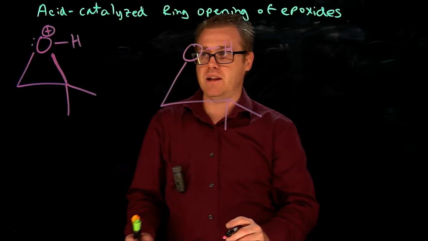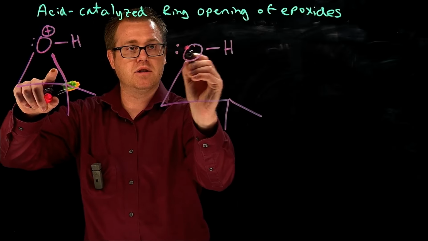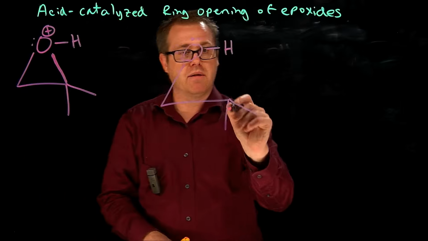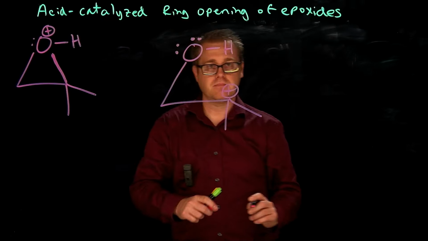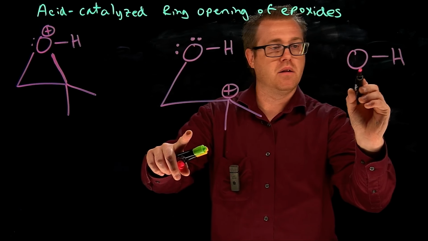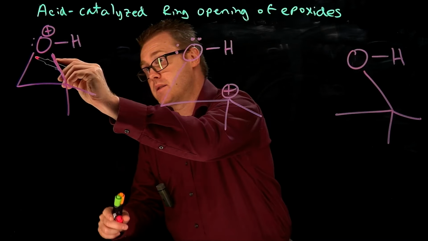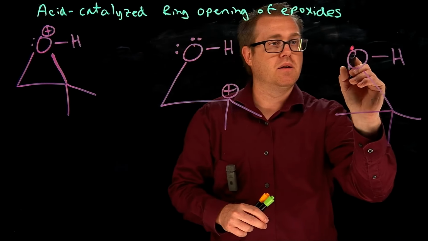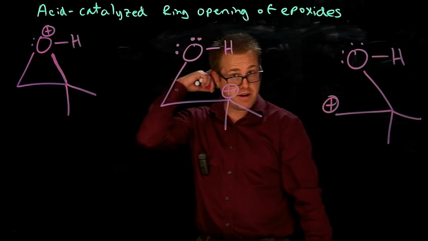If I completely broke it and put the electrons on the oxygen, I would get a carbocation. But what if I broke the other one? What if I broke this carbon-oxygen bond? We would now have a primary carbocation.